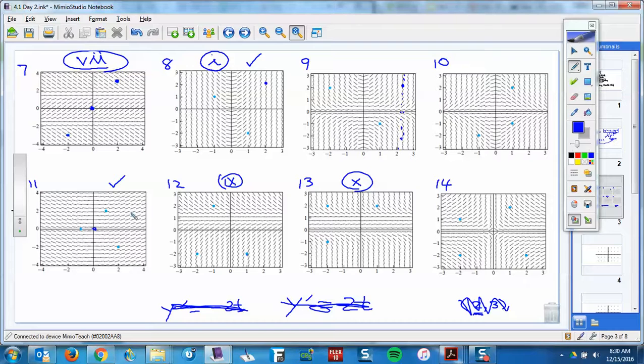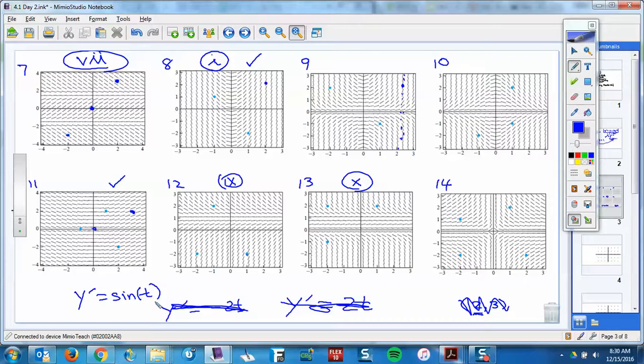If you go right in here at 3, it's that right there, right? What am I missing there?